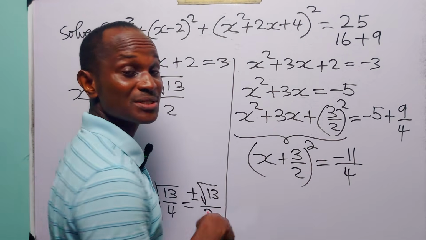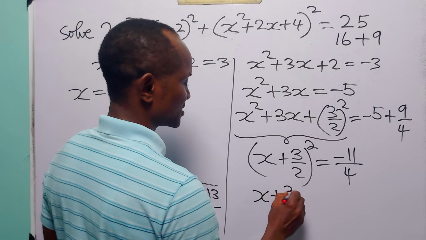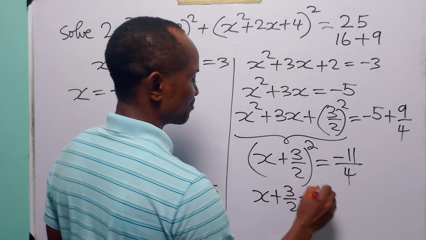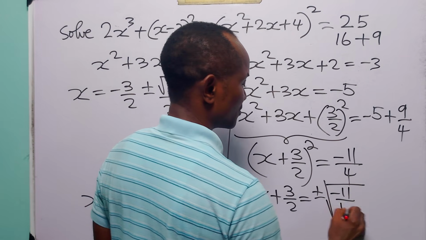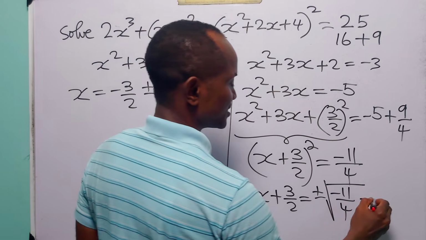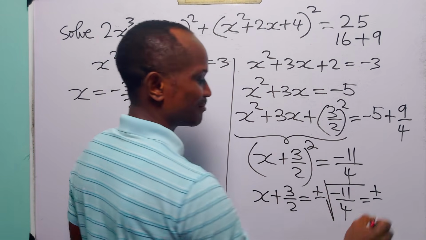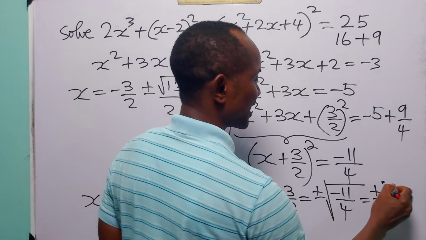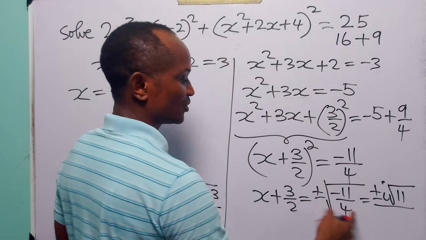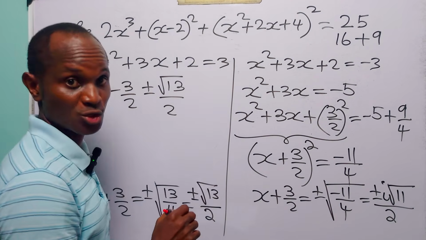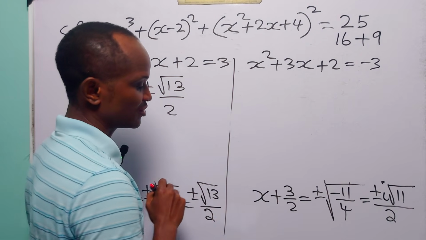Now we take the square root of both sides of this equation. When we do that, we have that x plus 3 over 2 is equal to plus or minus the square root of minus 11 over 4. Now this is equal to plus or minus the square root of minus 1, which is imaginary, times the square root of 11 divided by the square root of 4, which is equal to 2. And from the second equation, we have two more values of x.